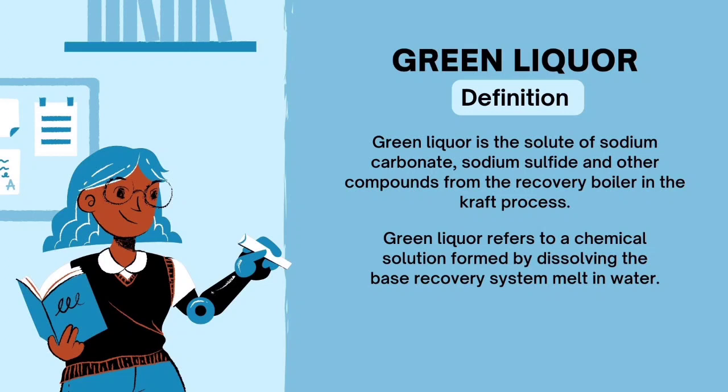The main components are sodium carbonate and sodium sulfate, and some amounts of sodium hydroxide and sodium sulfide. The chemicals are recovered because they contain sodium hydroxide. Its color is green, so it is called green liquor.